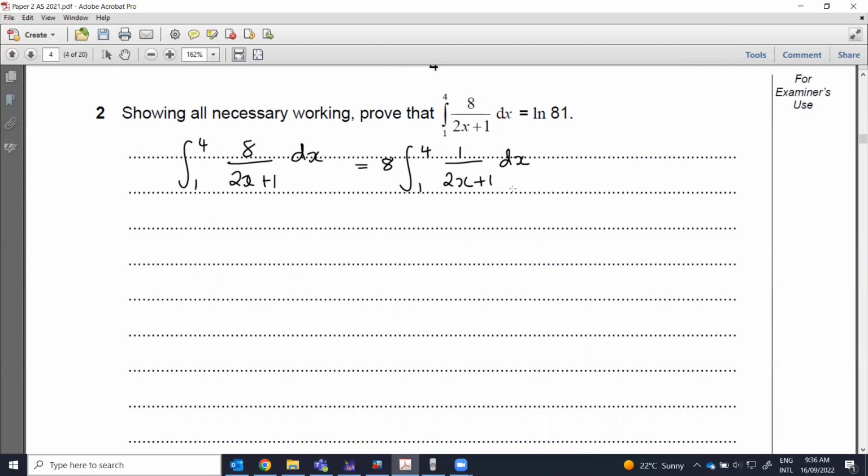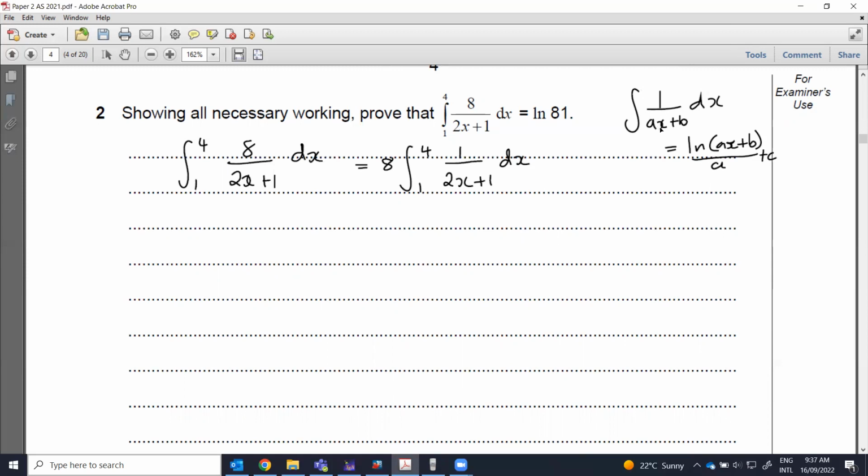Now, the rule of integrating a fraction where in the denominator you have a linear polynomial, that means the highest power of x is 1. The rule is the integral. Let me just write that. If I have 1 over ax plus b dx, this is just ln of ax plus b, and then you divide by a, and of course you must add your constant of integration if this is an indefinite integral.